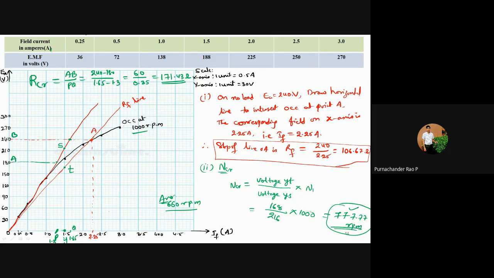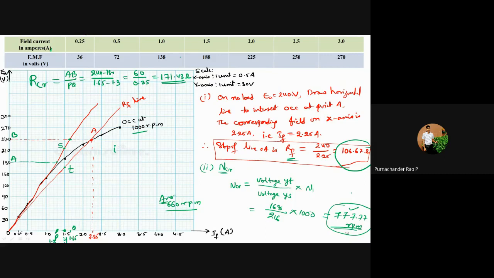Okay, so now you measure how much you are getting as the RF value. This value is going to be 106.67. So you have your field resistance, and then your critical speed: if the speed of the machine N is greater than your critical speed, then you have a buildup of the voltage.